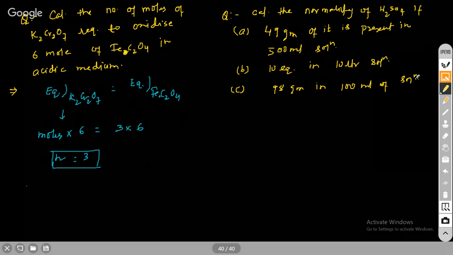One, and 10. So 49 gram means one equivalent, in 500 ml.